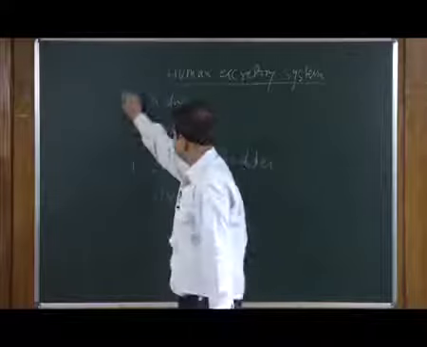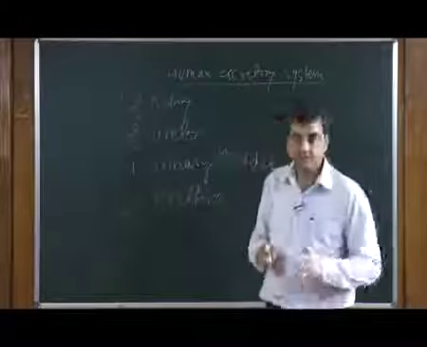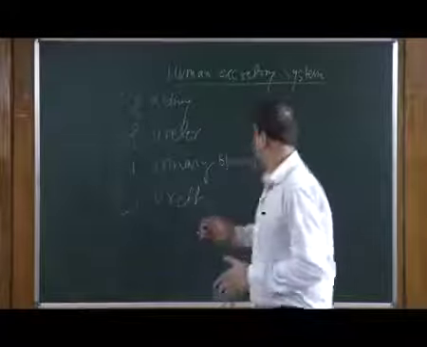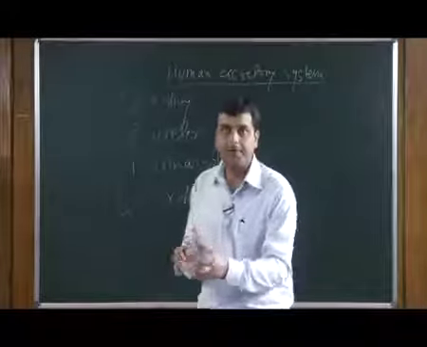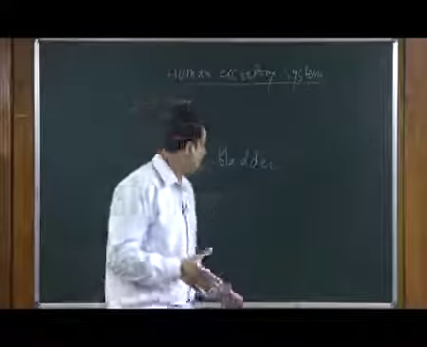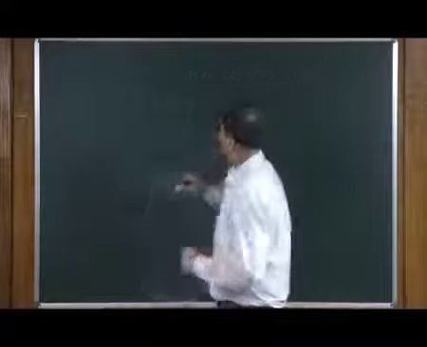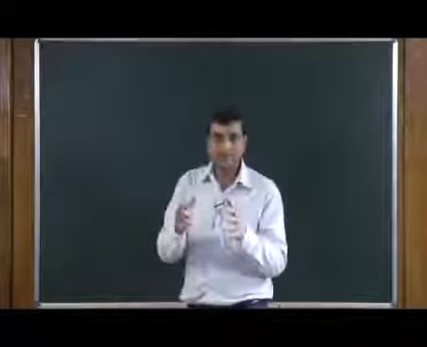So these are the components of the human excretory system: a pair of kidneys, a pair of ureters, a urinary bladder, and a urethra, which is the last opening of the urinary system giving passage to the formed urine. Let us now see the actual kidney structure and specification.